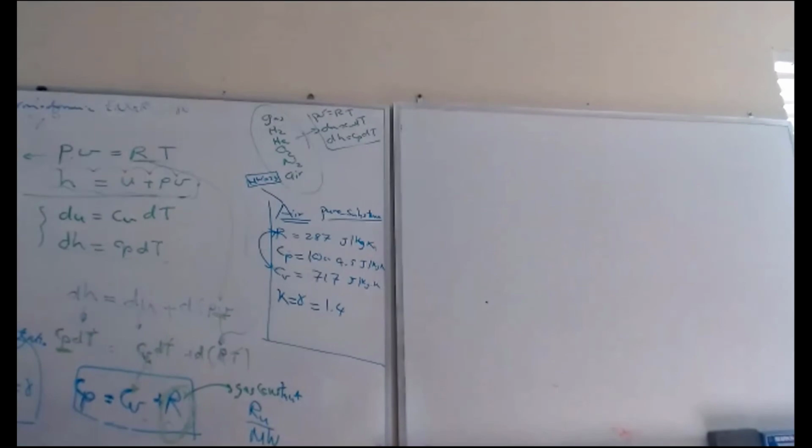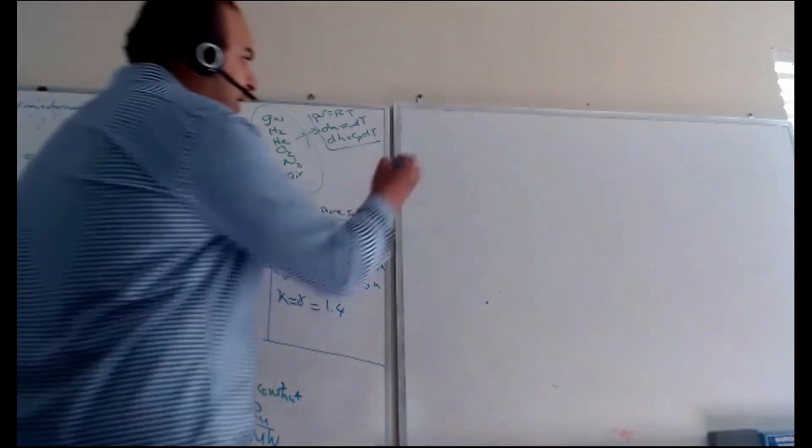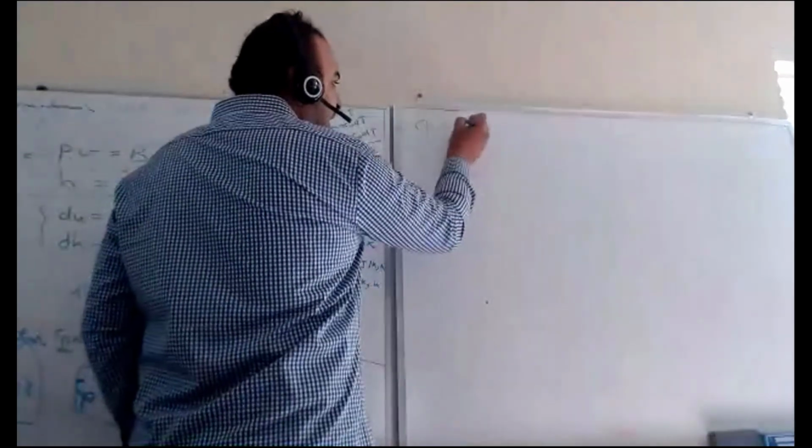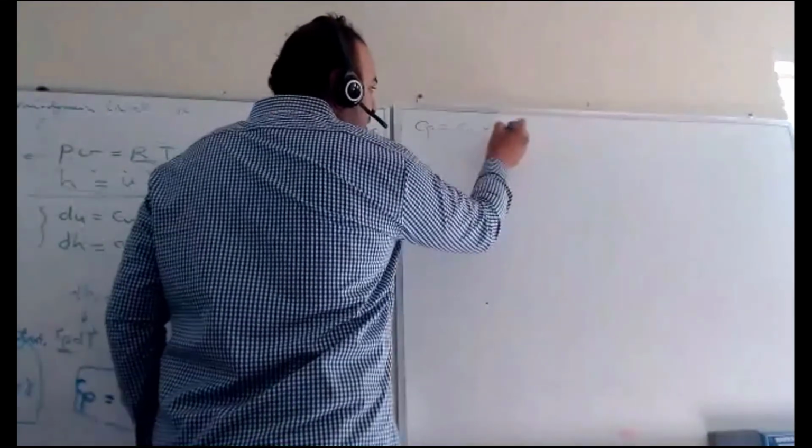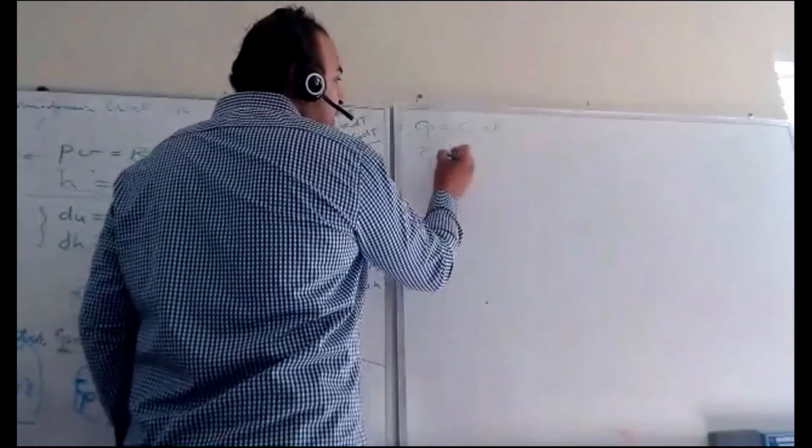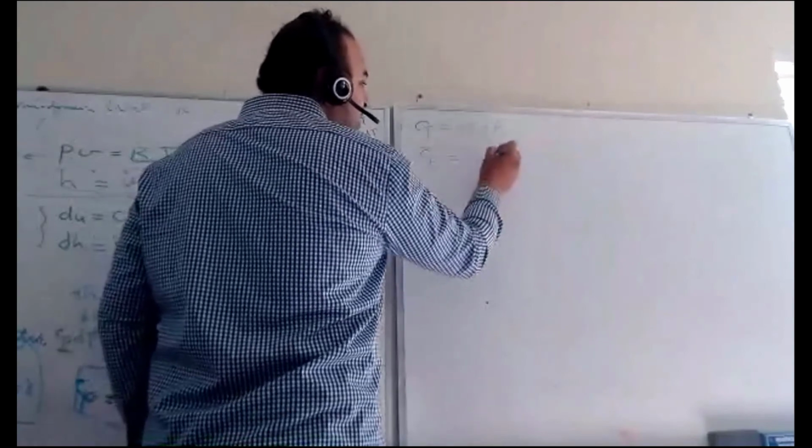This is what we took last lecture, and we did solve one problem. If, for example, I give you this equation, it can be written per kilogram or per kilomole. I can say Cp equals Cv plus R, or Cp bar equals Cv bar plus R bar.